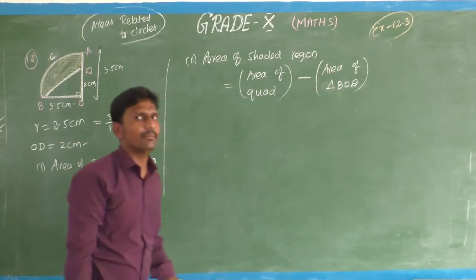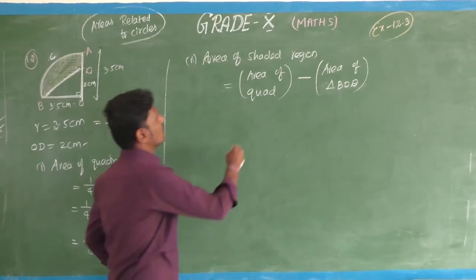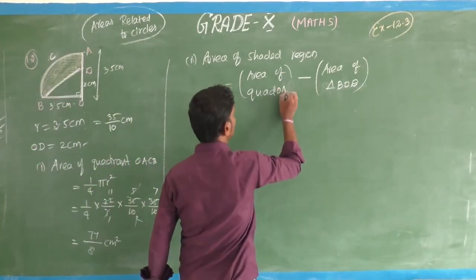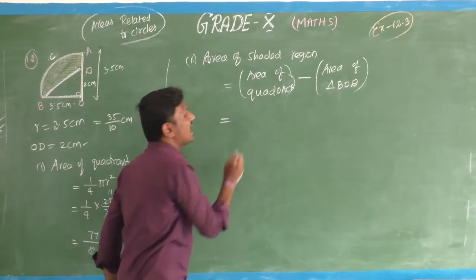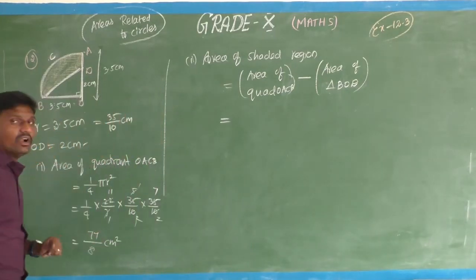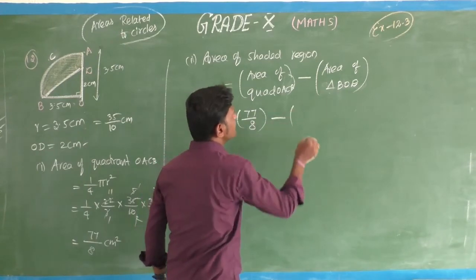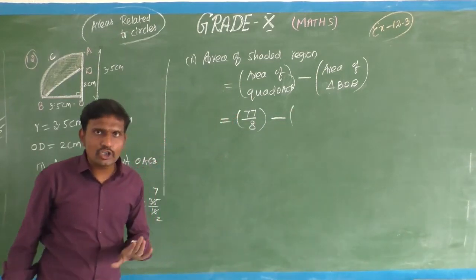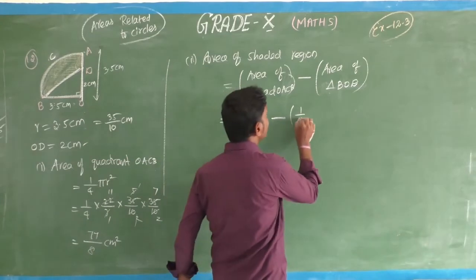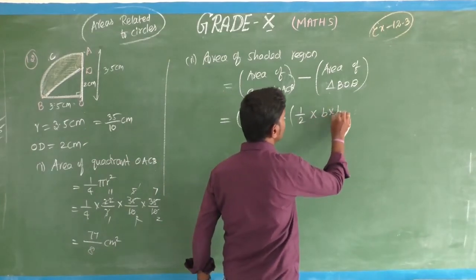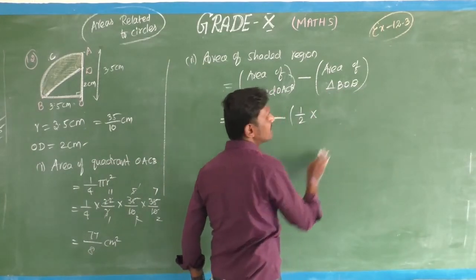Yes, students. Okay. The quadrant, what is the name of the quadrant? OACB. Right answer. Okay. Now, already you found the area of the quadrant is 77 by 8, minus, what is the area of the triangle? You know, students, it is half into base into height. Always simply substitute the values.